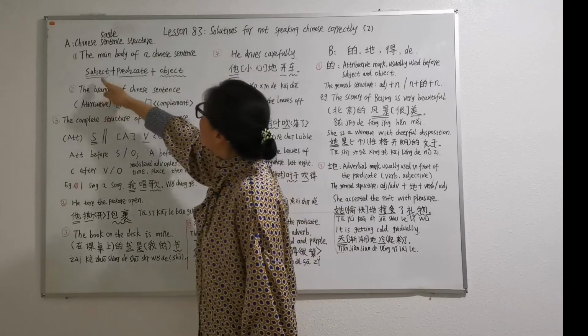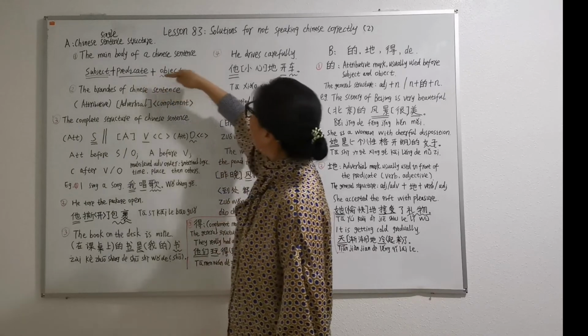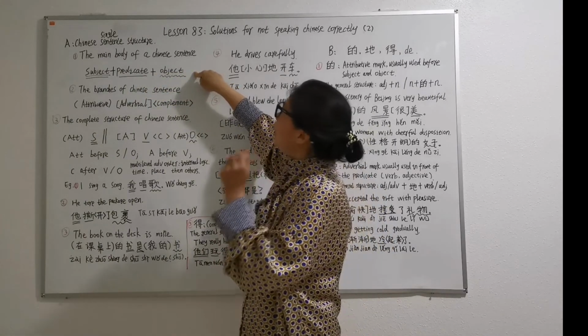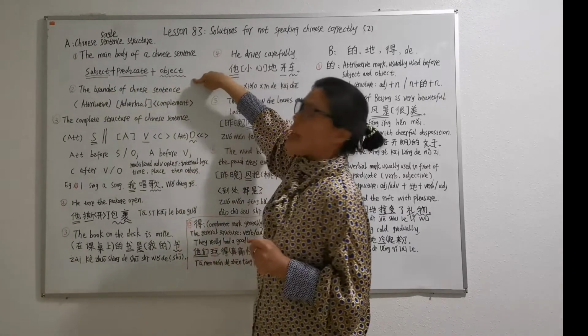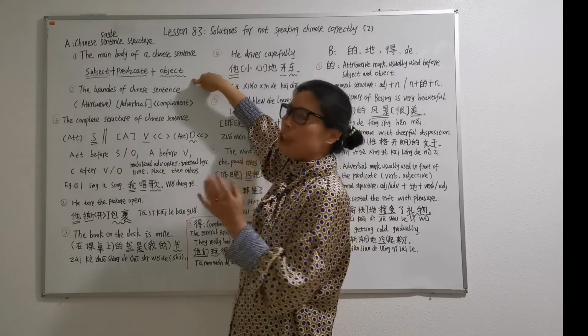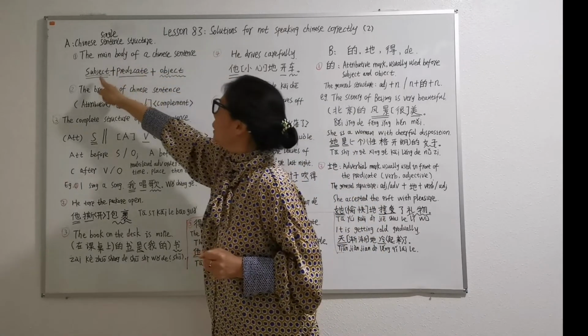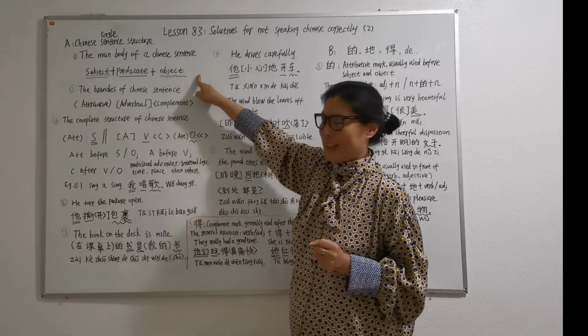They are subject and predicate and object. And in English, they have the same structure, so it's easy to understand. The main body is subject and predicate and object.